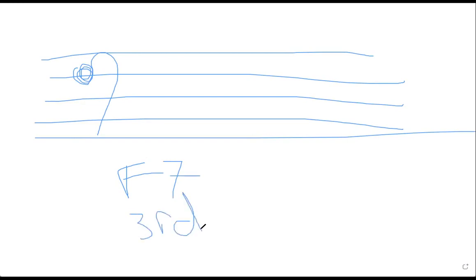Yikes. So just remember that the 7th is going to be an E flat, and that is a diminished. This is a diminished chord. This has already been given to us.